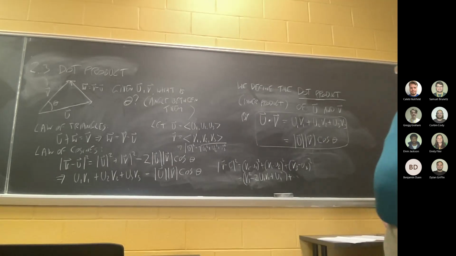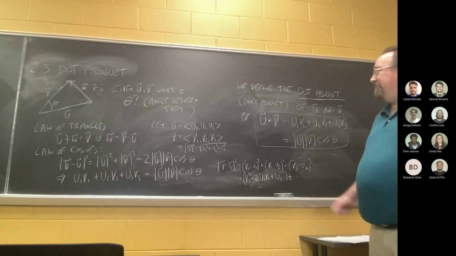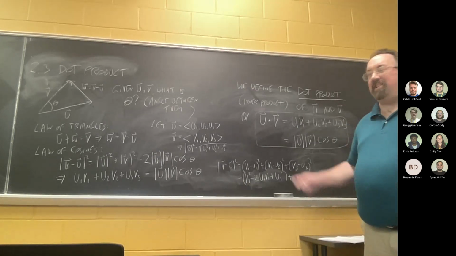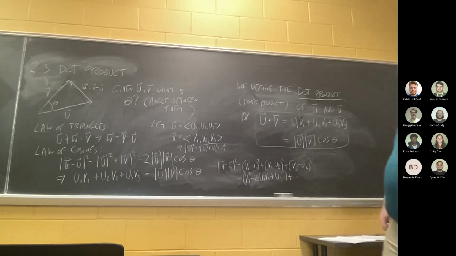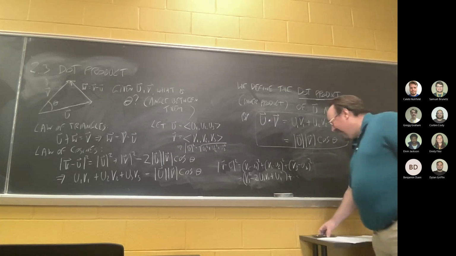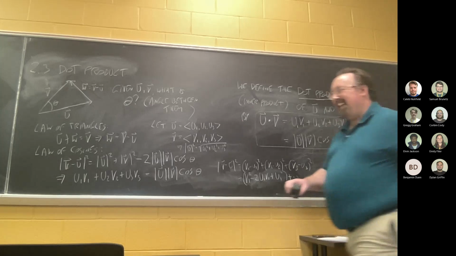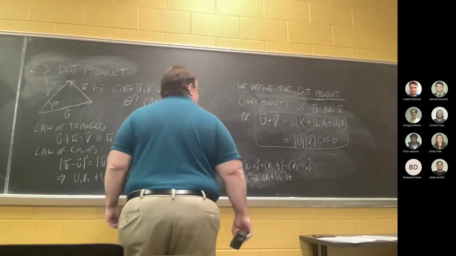For example, on the test, a question like 'here are two vectors, find the angle between them,' which is actually the next example I'm about to do. I'm not going to give a question saying derive the dot product.